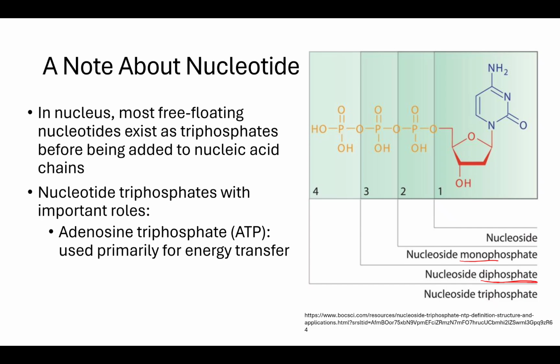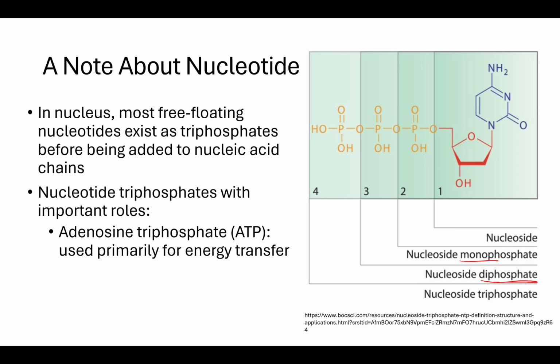And one thing I wanted to point out is that in the cell, naturally occurring, most of these nucleotides actually exist as triphosphates. There's ATP, there's CTP, there's GTP, there's TTP, and there's UTP.